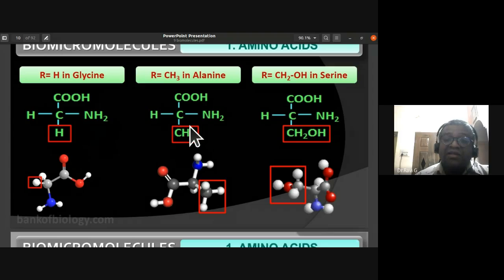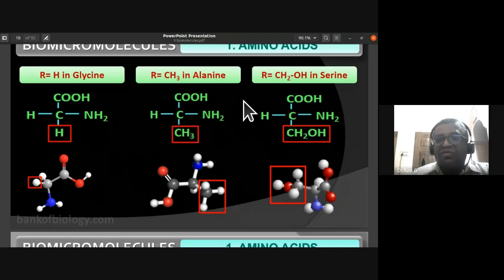If the R, that is the variable group, consists of methyl alcohol, that is CH2OH, we call it serine. So based on the R group, we have these three types of alpha amino acids, which you can remember by the mnemonic GAS: glycine, alanine, and serine.